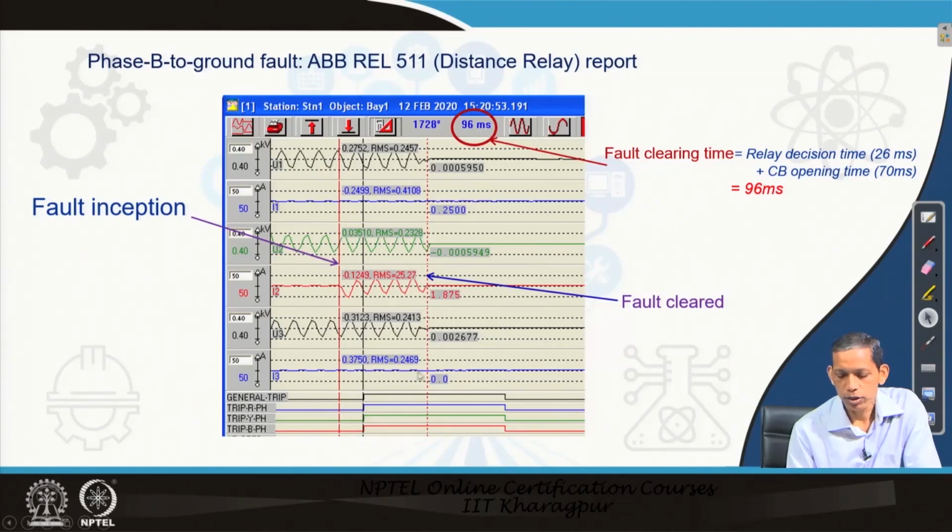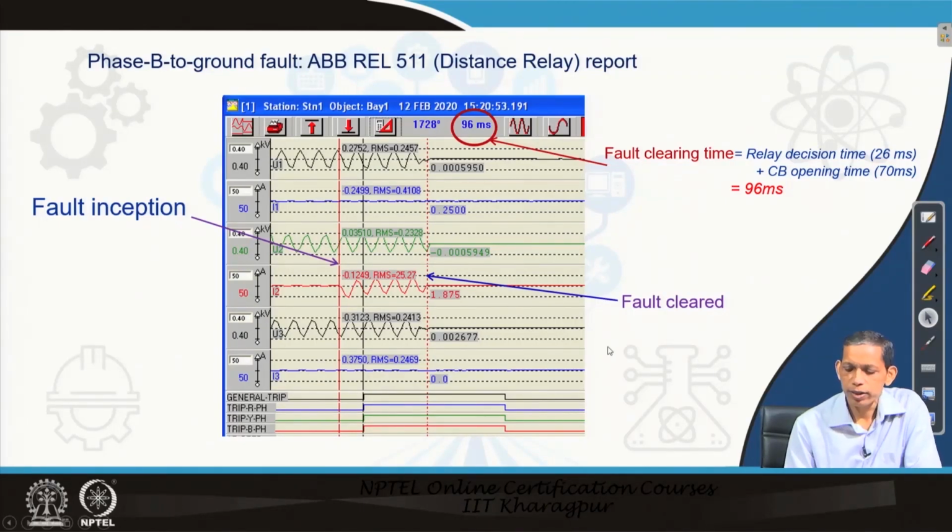In total, the time from fault inception till the successful opening of the circuit breaker is the fault clearance time, and in this case it comes out to be 26 millisecond for the relay decision time and 70 millisecond for the circuit breaker opening time, total 96 millisecond. For the 50 hertz system, each cycle is 20 millisecond, so 5 cycles corresponds to 100 millisecond. So, it comes out to be less than 5 cycles.